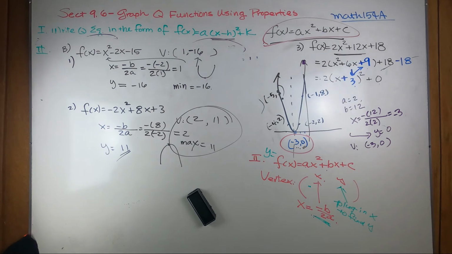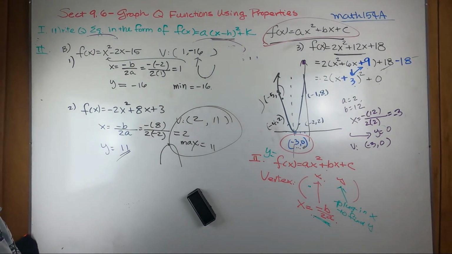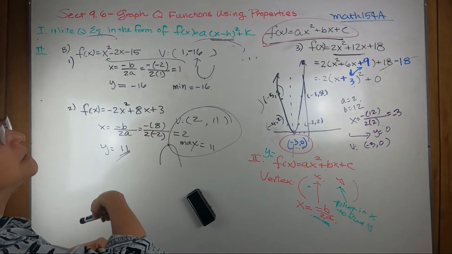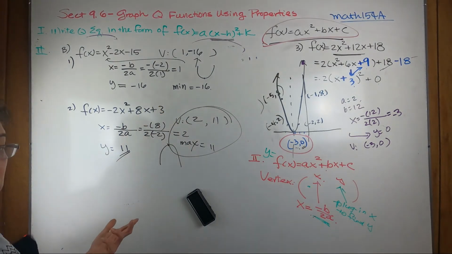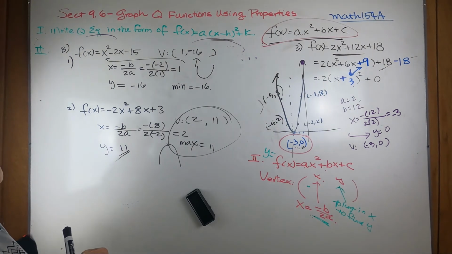Okay? So I keep repeating so you can remember. Hopefully you can remember better, right? So what we have been learning is graphing the quadratic function. This is one of the first things we are learning, okay?